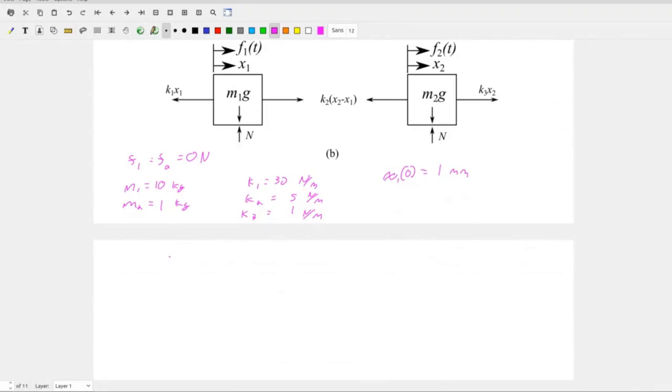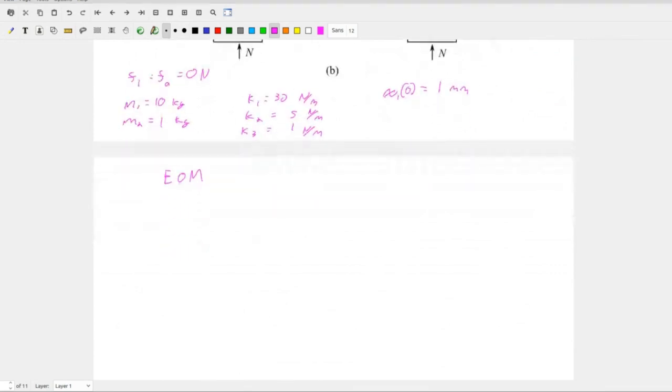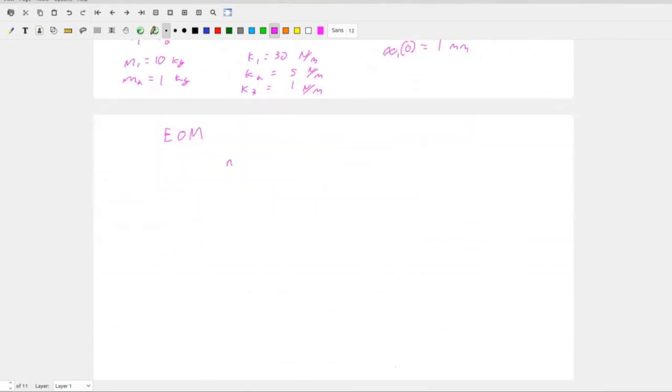In the interest of time, M1 x double dot of 1 plus K1 plus K2 x1 minus K2 x2 is equal to 0.